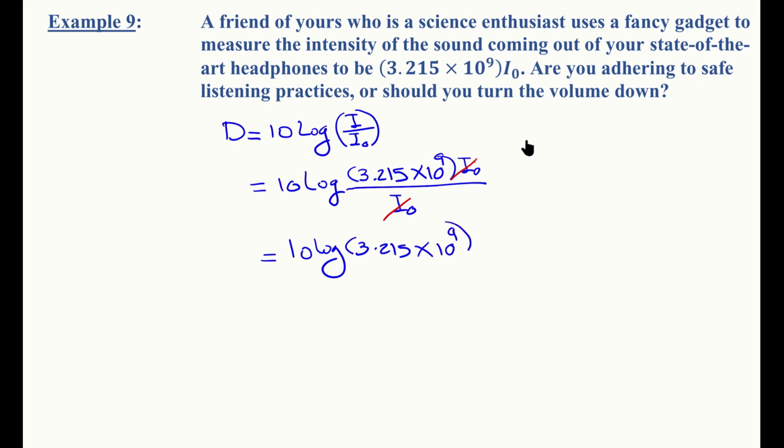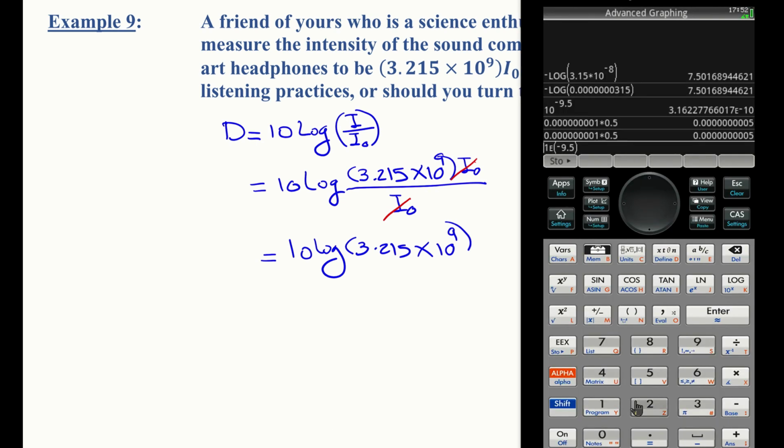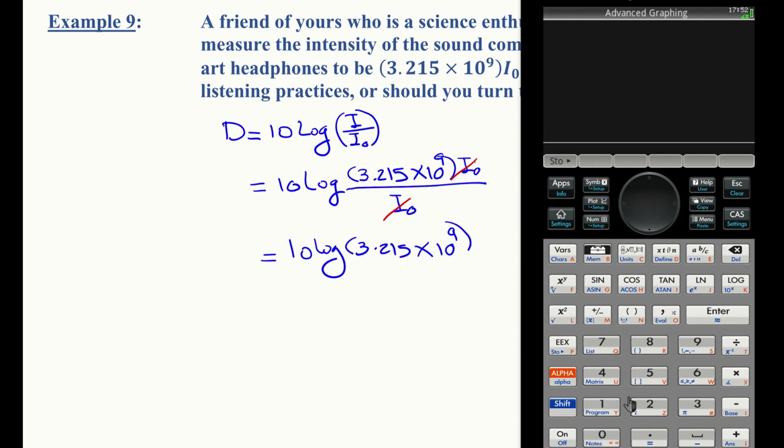So for that, of course, we'll go ahead and utilize a calculator. So we get 10 times log. Make sure you use the log, not the ln.